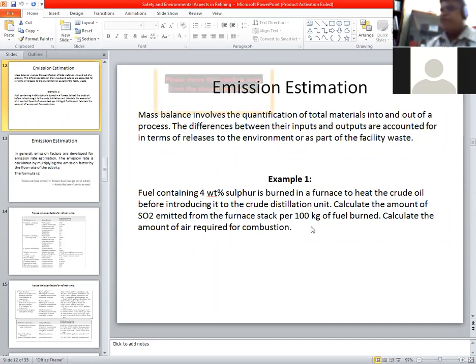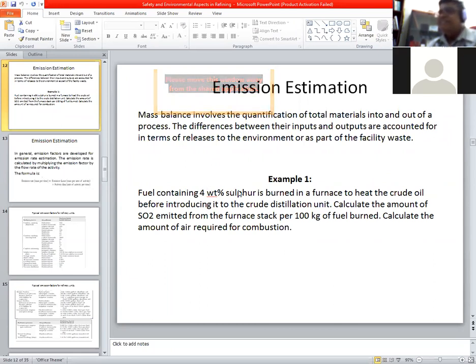Amount of sulfur in fuel. Please do that. Information is given 4% of sulfur and total fuel is given 100. I give you a tip. For example, amount of sulfur you can calculate: 4 over 100 times this 100. Simple.